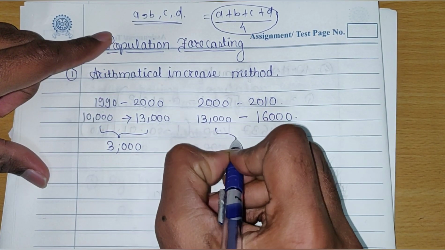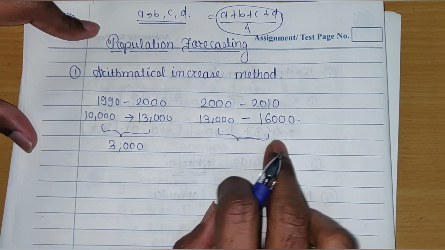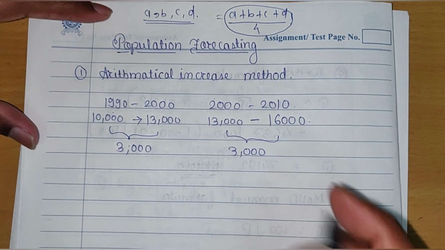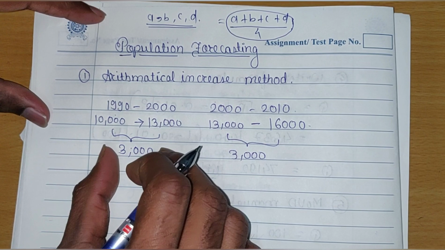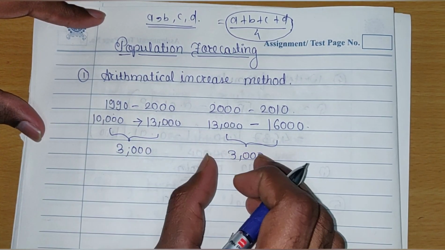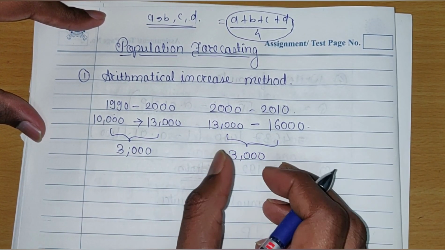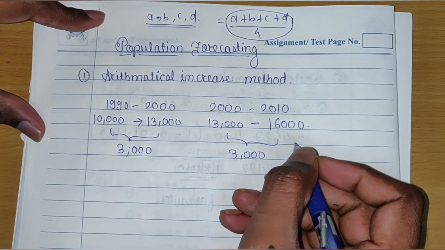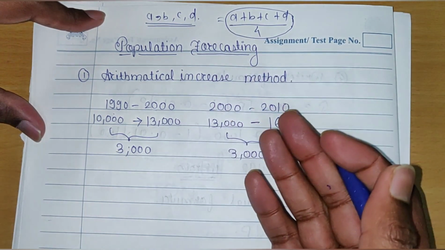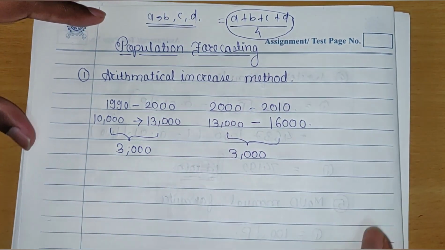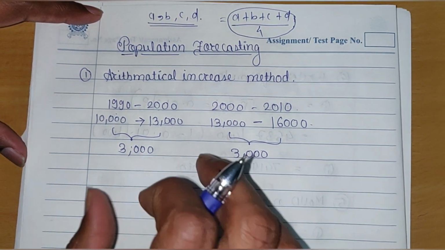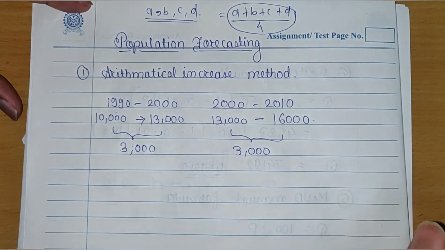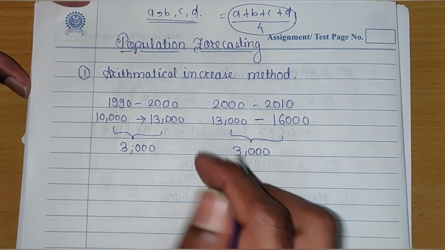The population of 2000 is 13,000. Here also the increase in population is 3,000, but in practice the increase in population will not come out exactly equal. It may come as 3,100, 3,200 or 3,150. A slight difference is acceptable, but there should not be much difference between these two values.